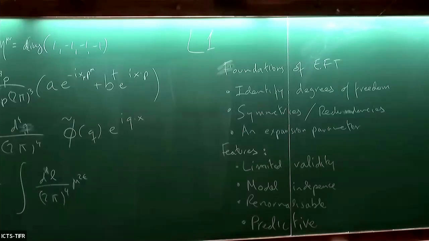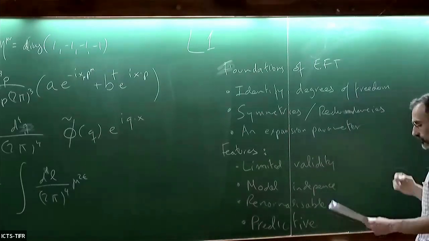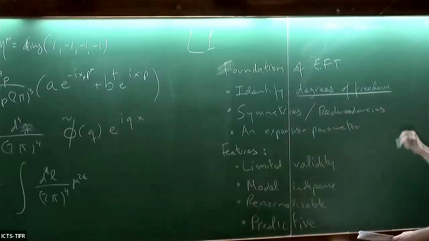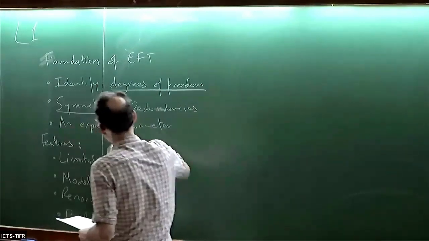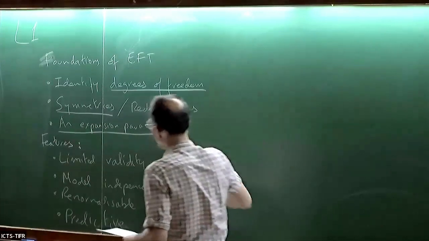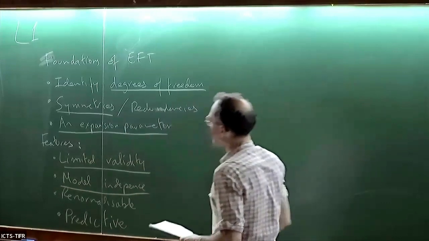Some of these you might have already touched upon in the previous lecture, some of them not, but what we'll try and see today, pretty cheaply, which is to say by solving a quantum mechanical system, is a bit of degrees of freedom, symmetries, your expansion parameter, of course, limited validity, and model independence.